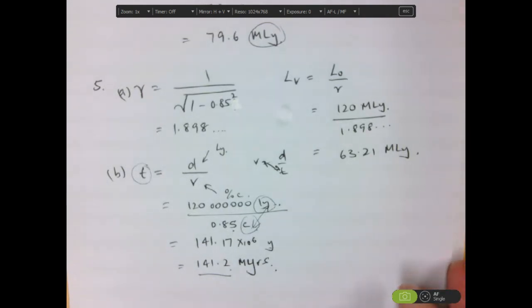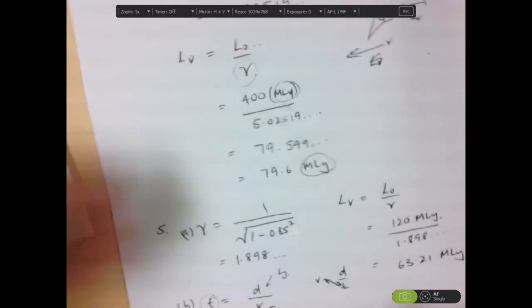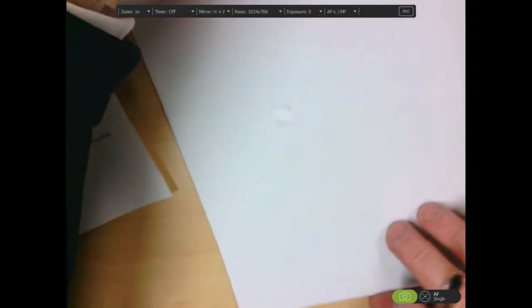Right, however, will it take that length of time? And the answer is no, because time is dilated. The person on the craft will see time slowed down. So let's go to c here.